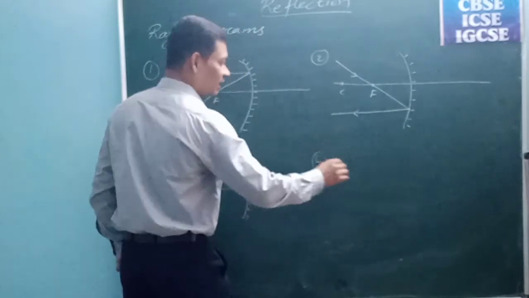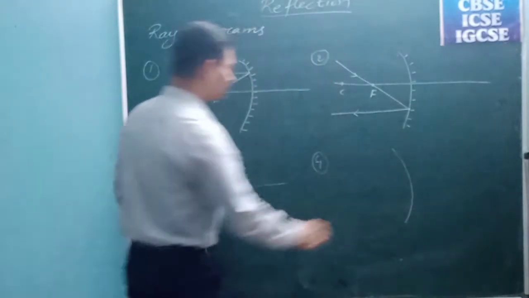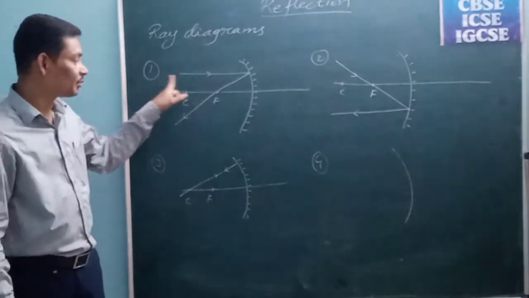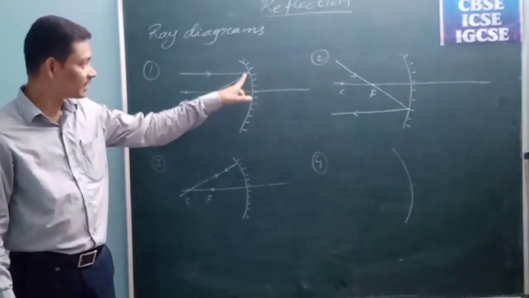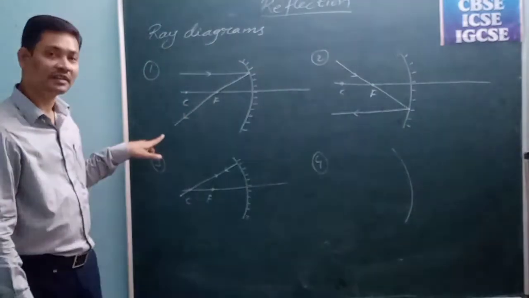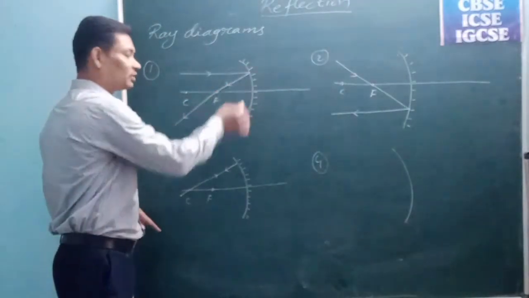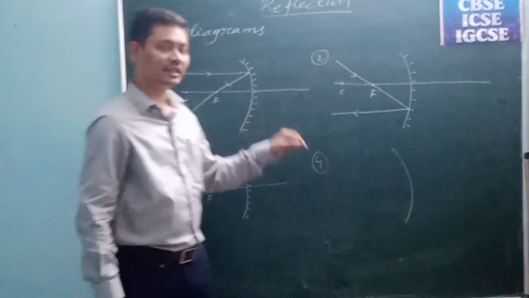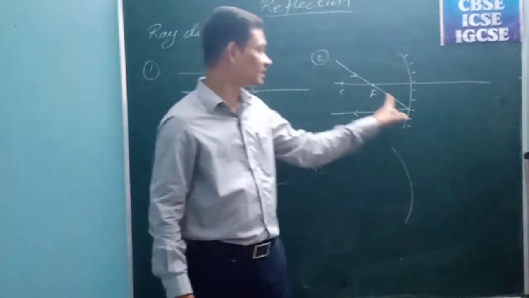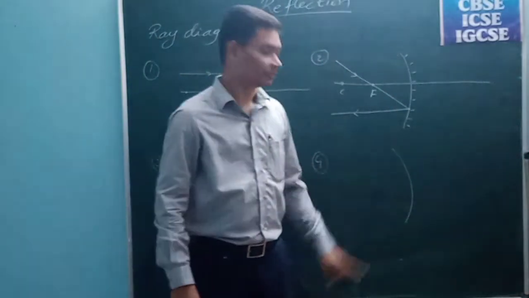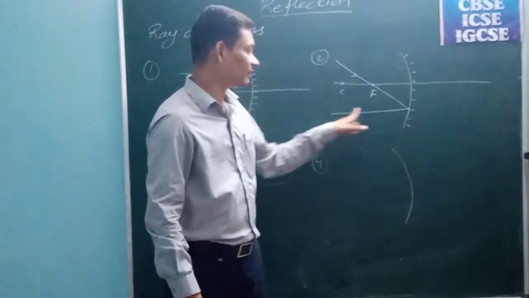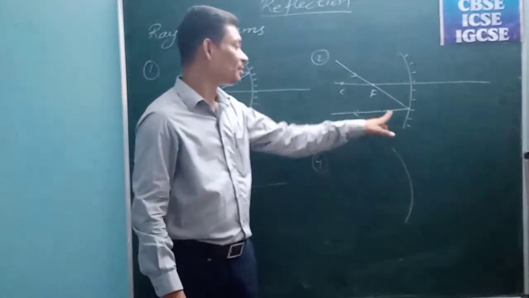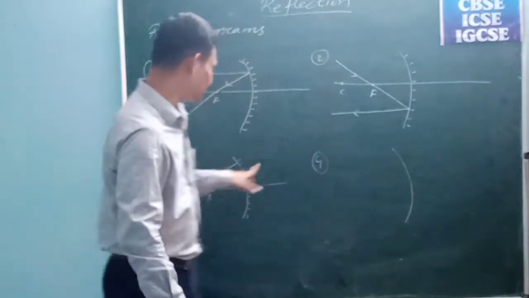Suppose if the light ray, here in the first case we discussed the parallel ray. Here when the parallel beam of light ray falls on a mirror, the reflected ray passes through the focus. The second case, if the light ray is passing from focus point, the reflected ray will become parallel to the principal axis.